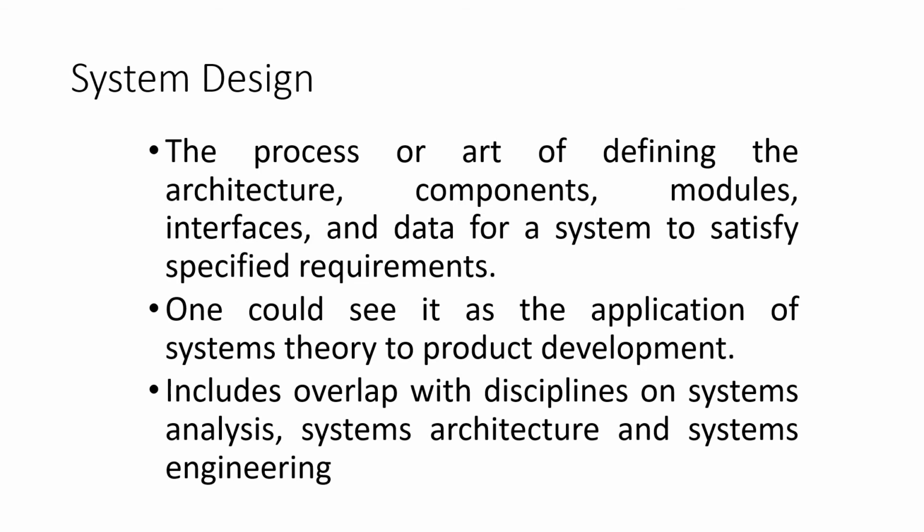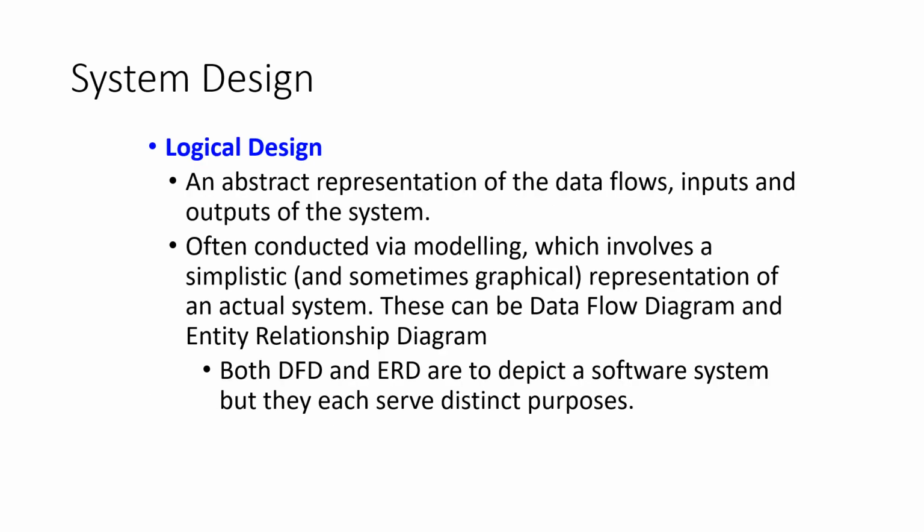So in design, here you will define the architecture, including the data architecture and the system functions themselves, the components, the modules, what is there, the interfaces, how many users per table and so on. And then it might have a logical design. What is in the logical design?